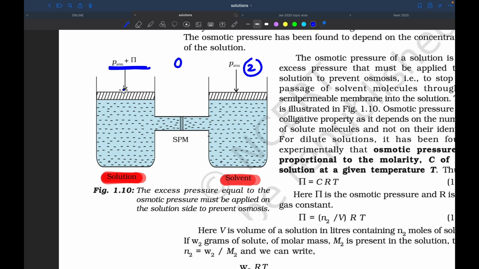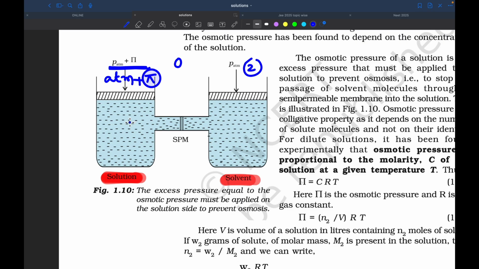Already atmospheric pressure is there, plus one pressure is applied. The osmotic pressure is denoted by the letter pi. So this pressure is applied, and it is exactly equal to the pressure created by the entry of solvent particles into this chamber.